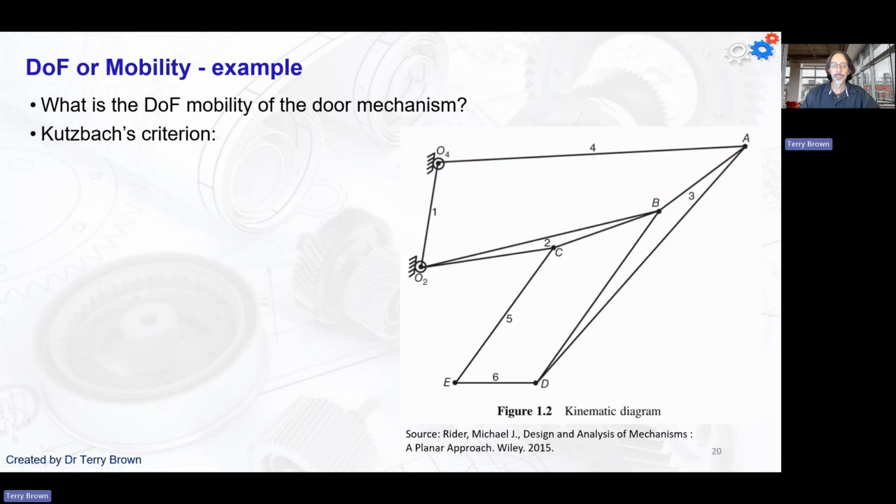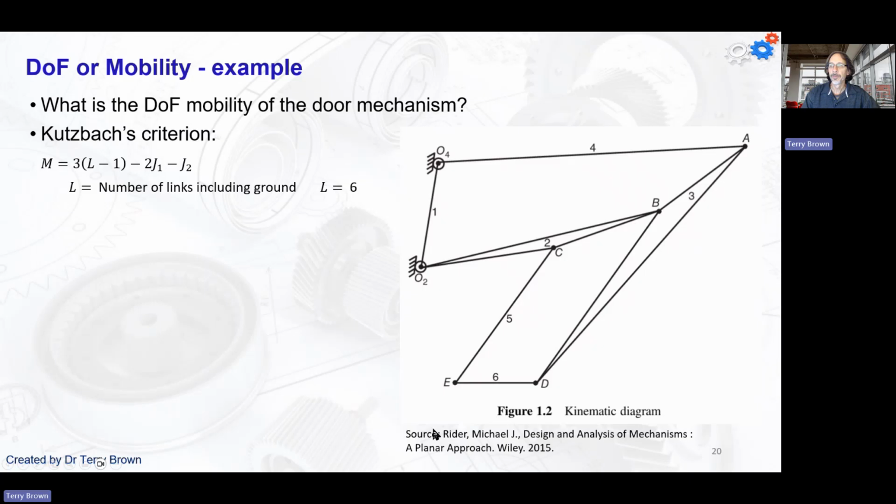All right, so let's look at the door mechanism that we looked at before and use Kutzbach's criterion again, which I've put there for you. Count the number of links, including ground. So stop the video and do that. How many did you get? I got 6.